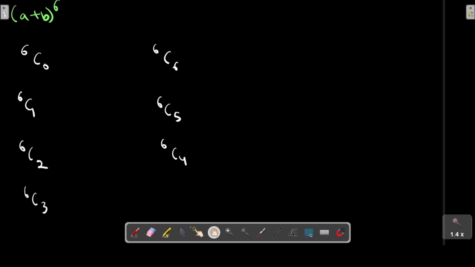That's the same thing. So 6C0 is equal to this, that is 6 factorial upon 0 factorial, 6 factorial, that is your 1.